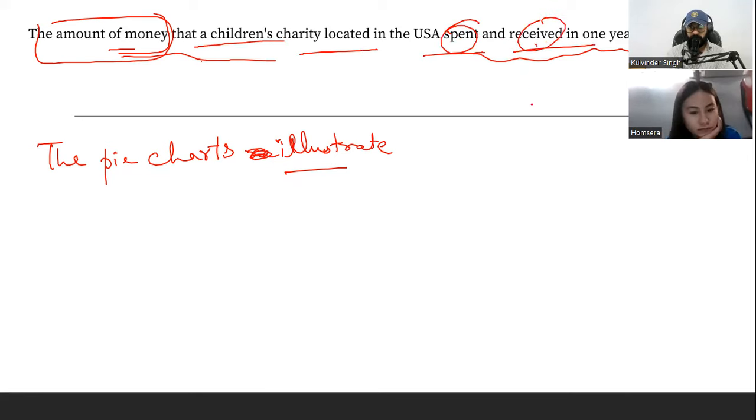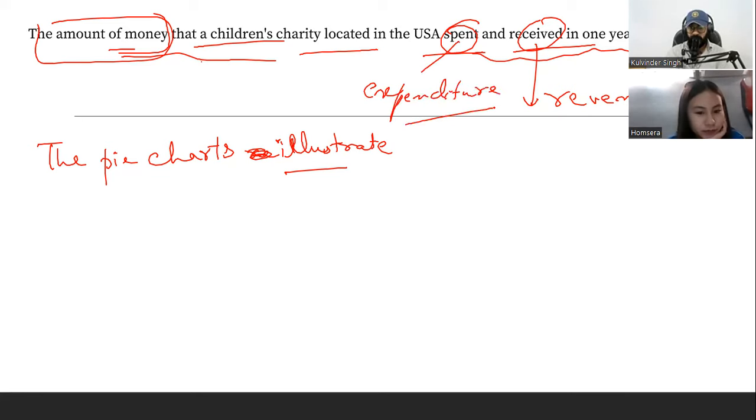Spent and received. Received can be taken as revenue generated, right? Spent can become expenditure. Located in the USA, based in the USA.